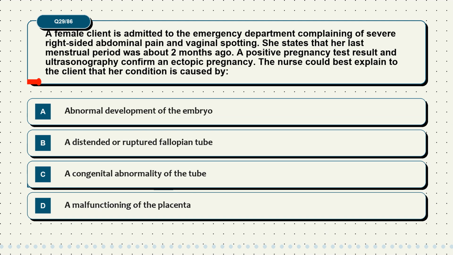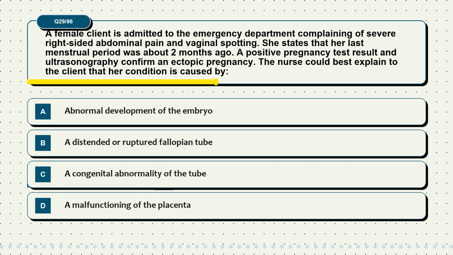Question 29. A female client is admitted to the emergency department complaining of severe right-sided abdominal pain and vaginal spotting. She states that her last menstrual period was about 2 months ago. A positive pregnancy test result and ultrasonography confirm an ectopic pregnancy.